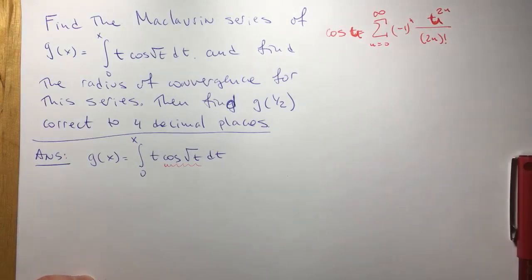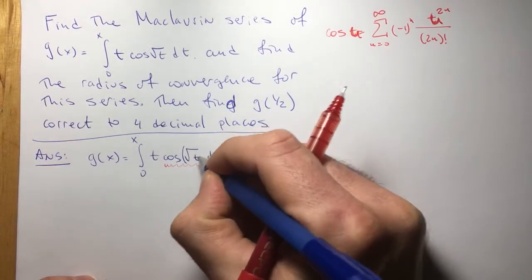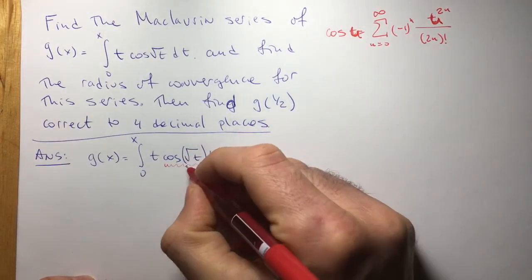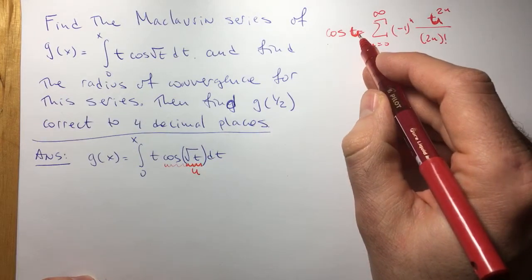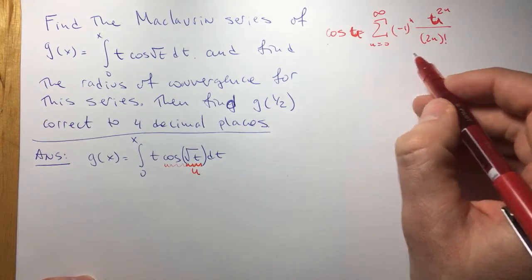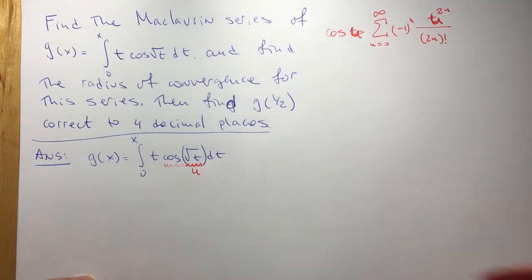Now in our case, I have cosine of square root of t. So this whole thing here is basically my u. So I have to use this formula, but instead of u, I will use square root of t.